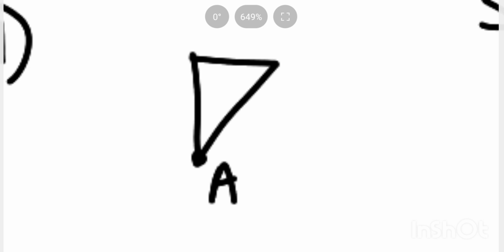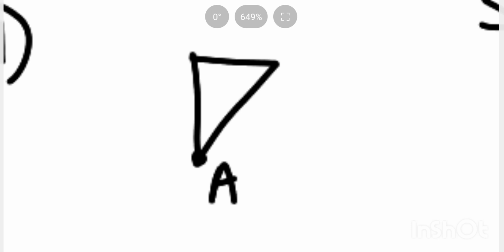So what this means is we need to complete the shape so that when you spin it for a full 360 degree turn at center A, it would look like itself exactly 4 times during the spin.